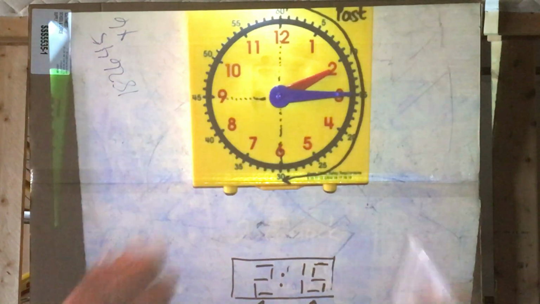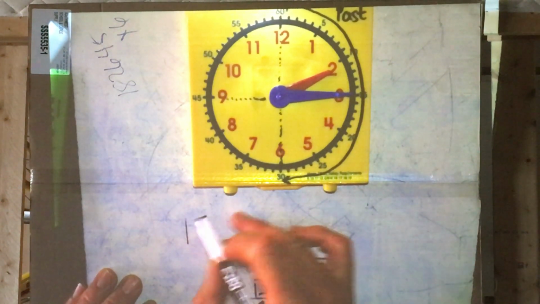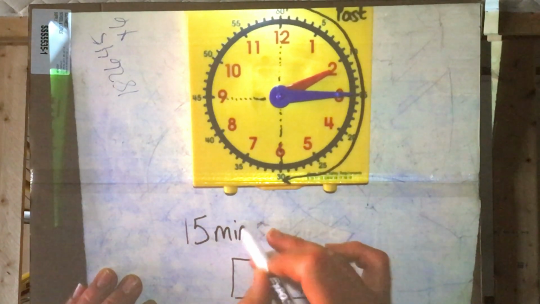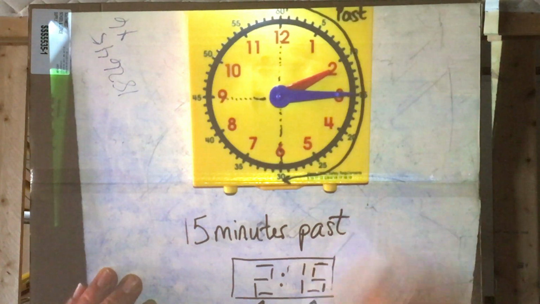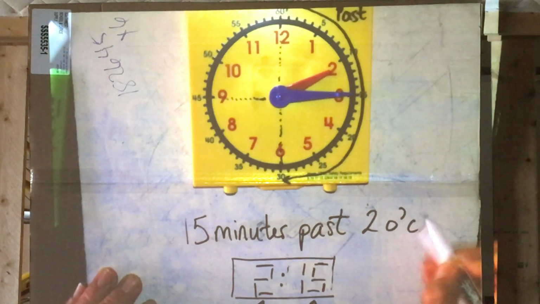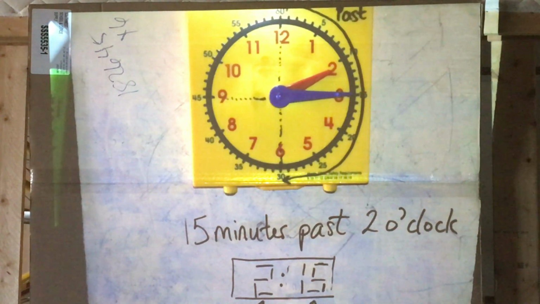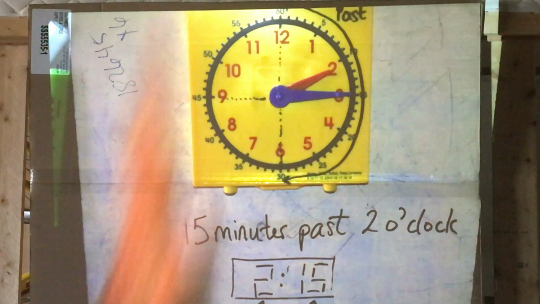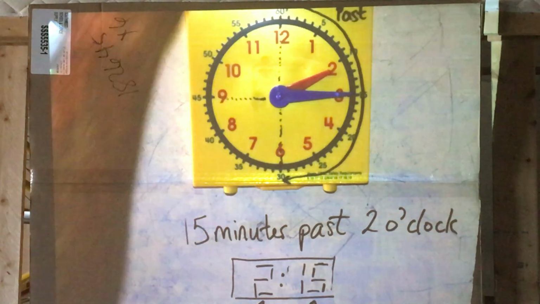So in this case, we start with the minutes and we say 15 minutes past 2 o'clock. And that's how we write it. 15 minutes past 2 o'clock. Because here's 2 o'clock and we've gone past 2 o'clock. It's now at 15 minutes past. Now, I'm going to bring this back in.